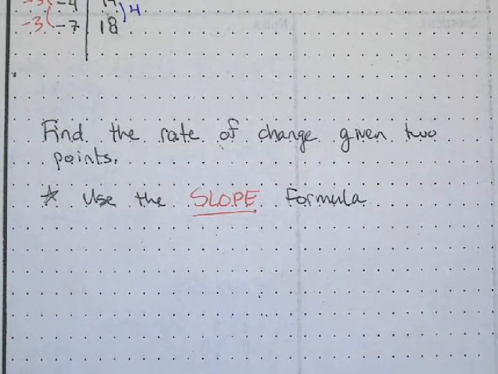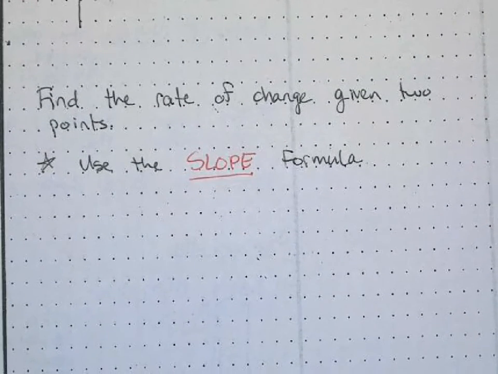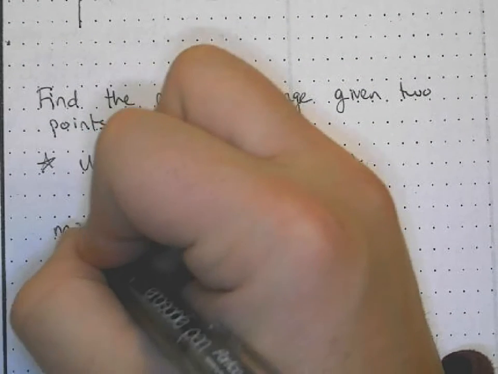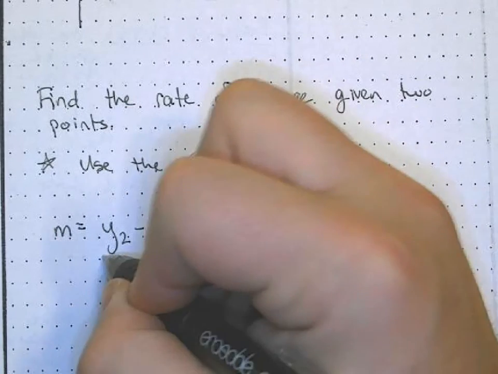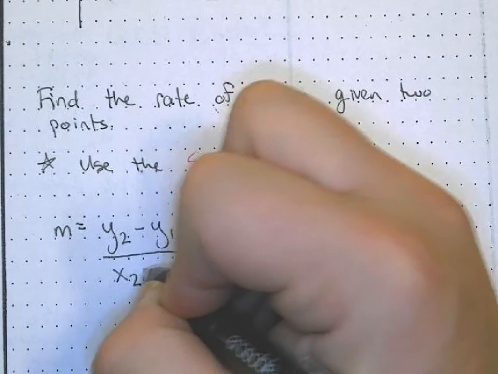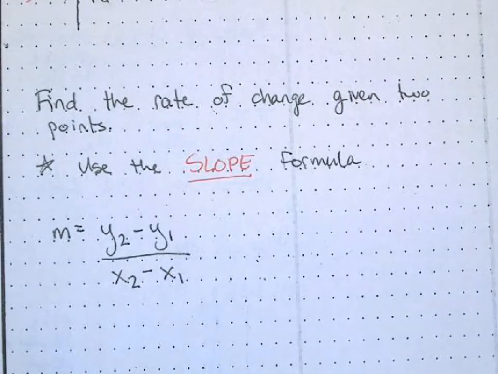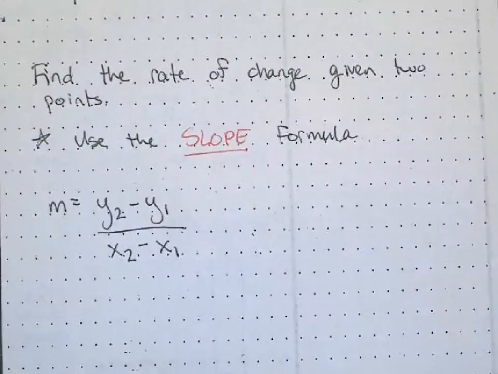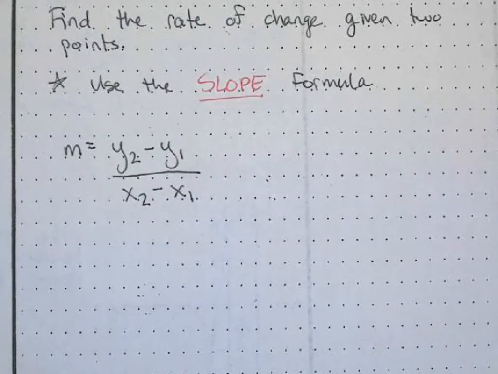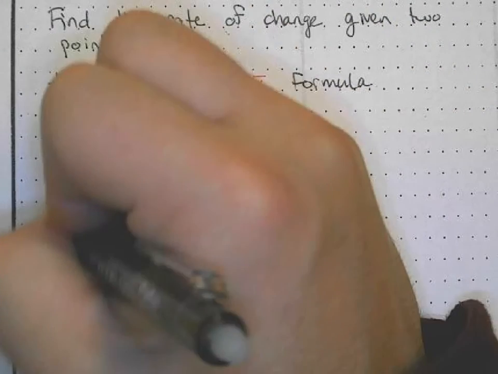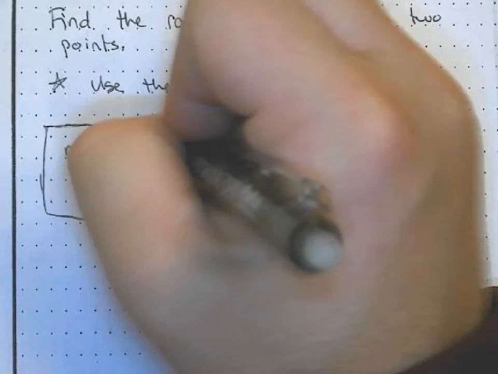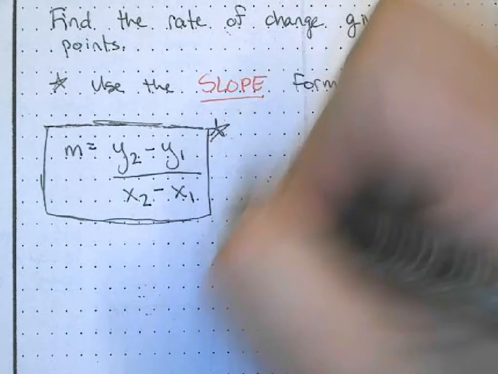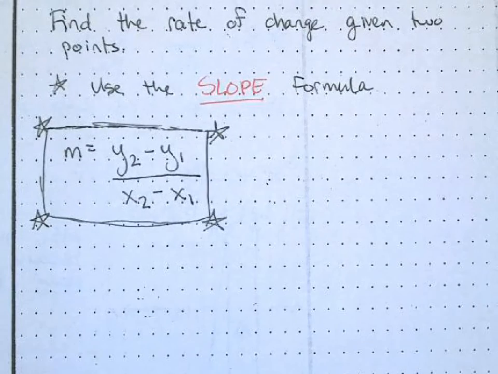The slope formula is where we just plug in numbers and we simplify. And the slope formula looks something like this. We're going to have m equals y2 minus y1, all of that over x2 minus x1. So we have this formula. This is really big and important. So let's box it and put a lot of stars around it.